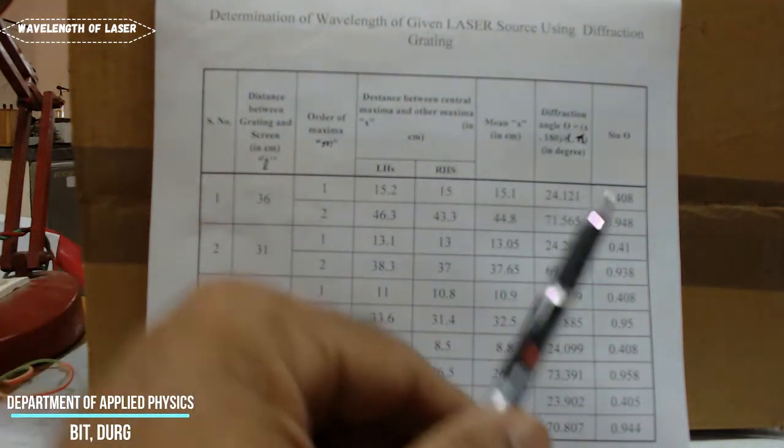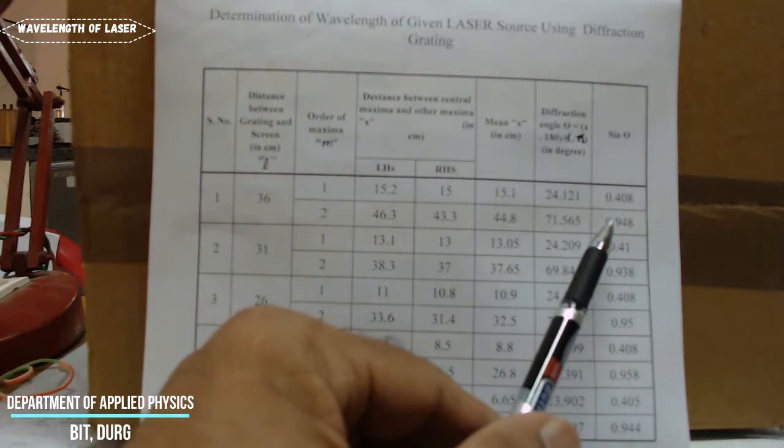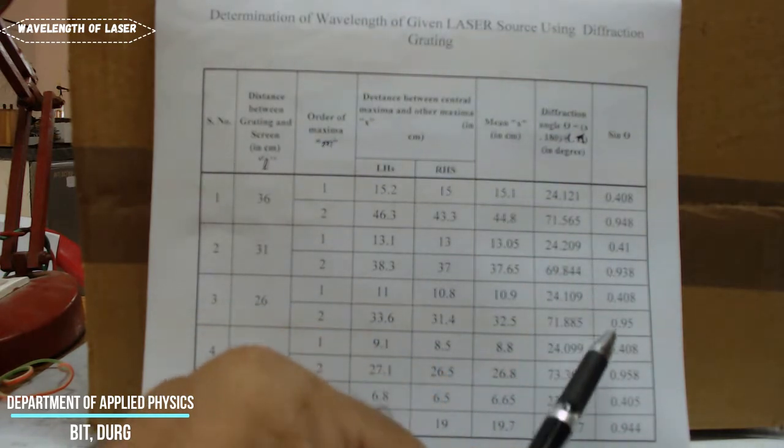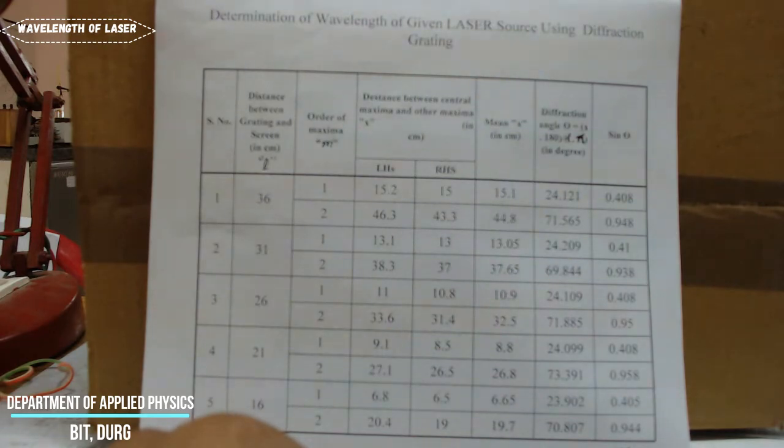Similarly, for the second order readings, sine theta is 0.94, 0.938, 0.95, 0.958 and 0.944. So it is also approximately equal. You can take the mean of sine theta for the second order also. So for the first order you are going to have a mean sine theta, and for the second order you are going to have another mean sine theta.